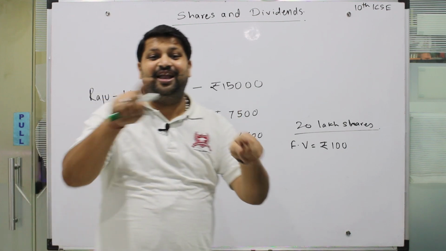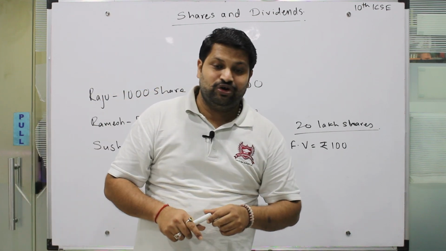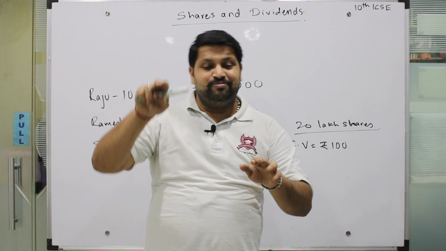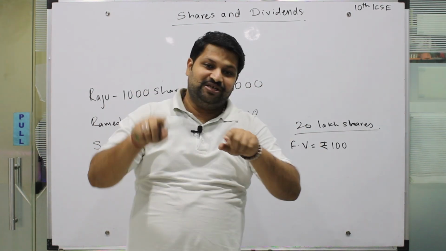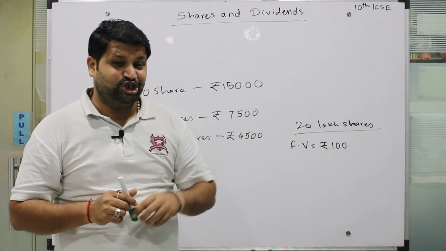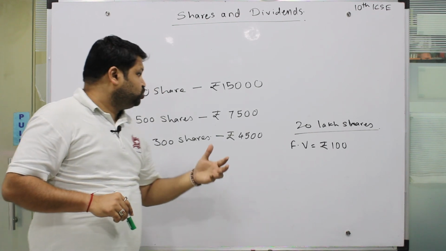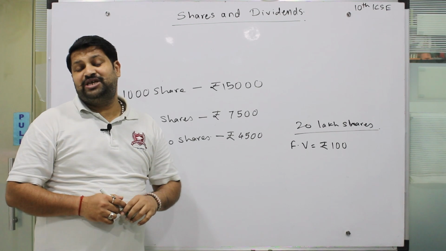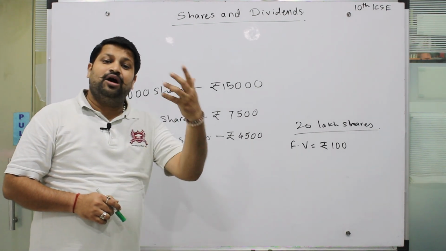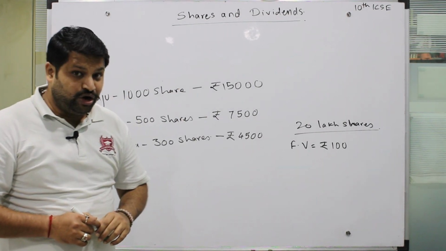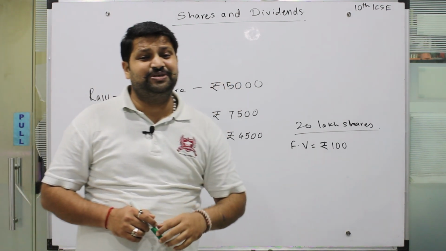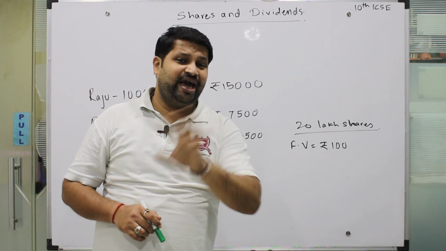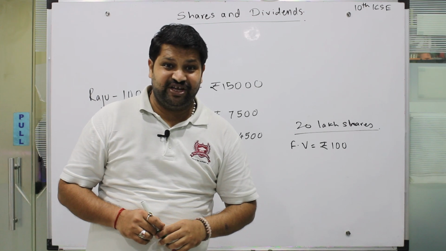So there is live buying and selling going on. There is a number that can go up and down. The price of the share would keep on changing or fluctuating. So Raju says that I would sell the share at 150 only. I would not be selling the share anything below 150.